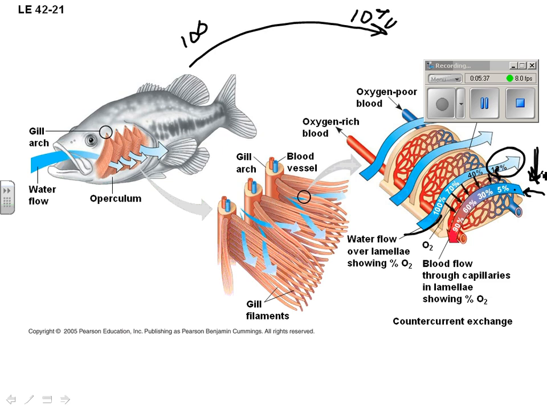If we go to the other end, water comes in with all the oxygen it's going to have, and so even though blood is still coming, blood is 90%, so there's still a net movement of oxygen into the blood, and so on. That's called countercurrent exchange. That increases the efficiency of moving oxygen from the water into the blood.